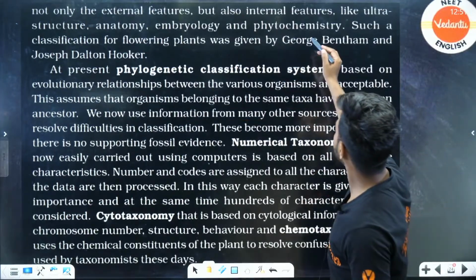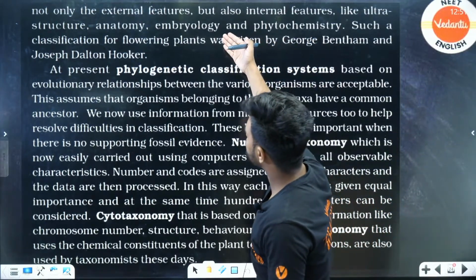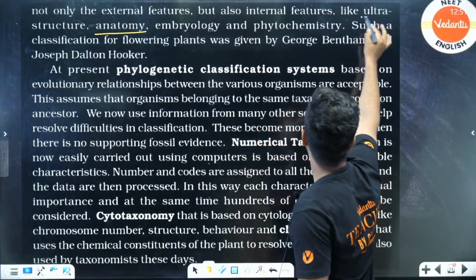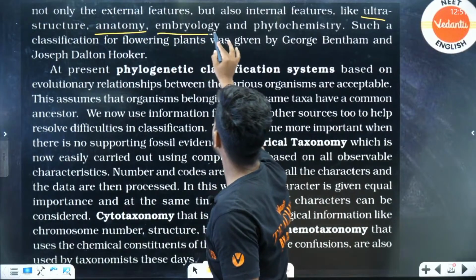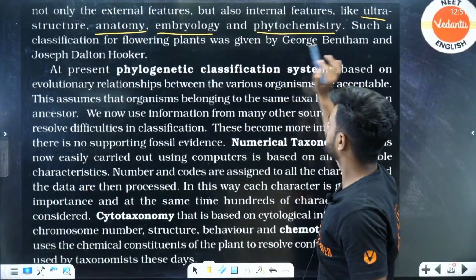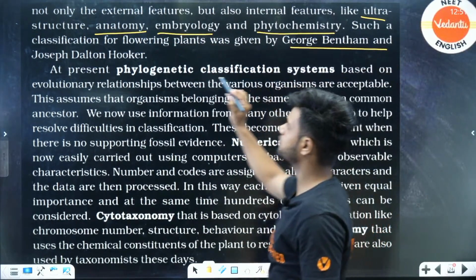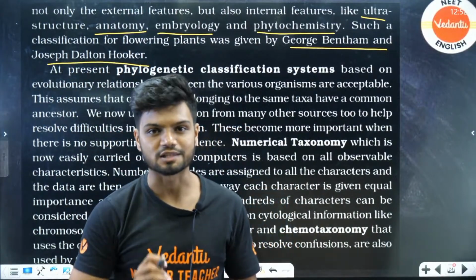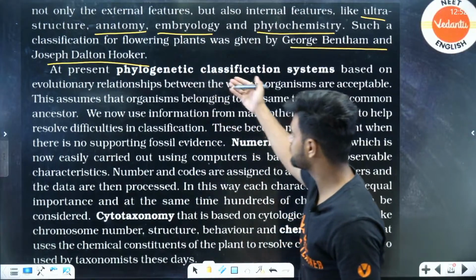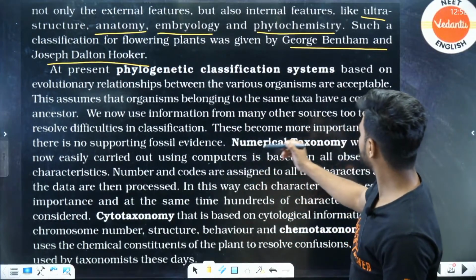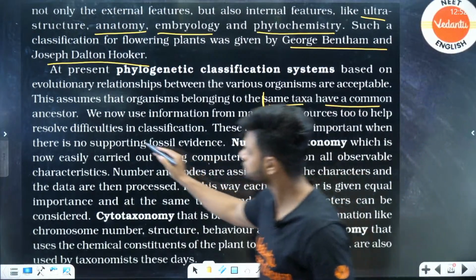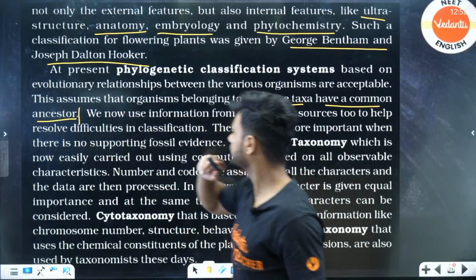Then we learnt about your natural system of classification included your anatomy, ultrastructure, embryology and phytochemistry, and it was given by your Bentham and Hooker. Bentham and Hooker gave the natural system of classification.